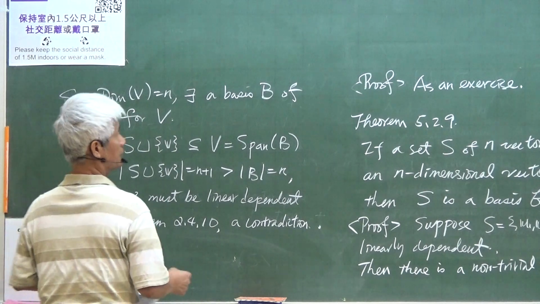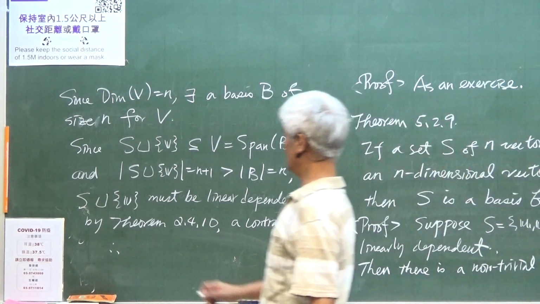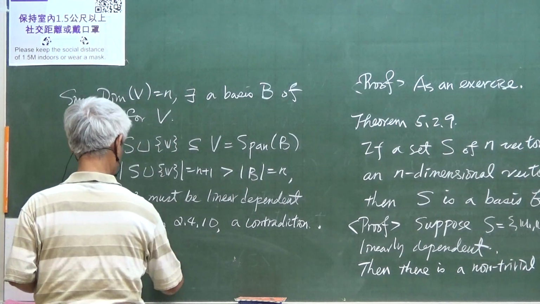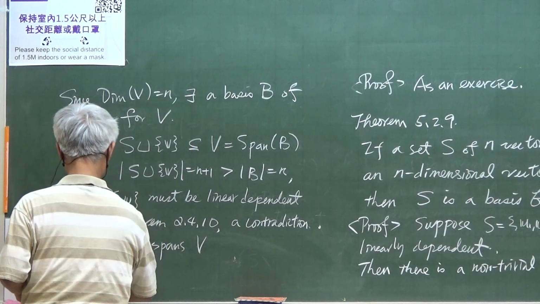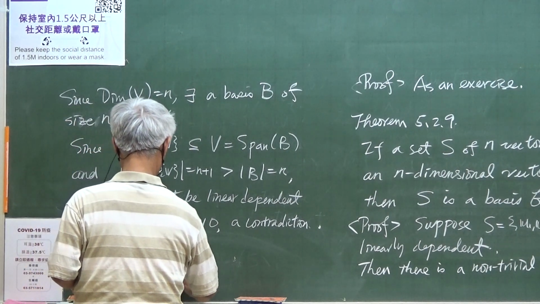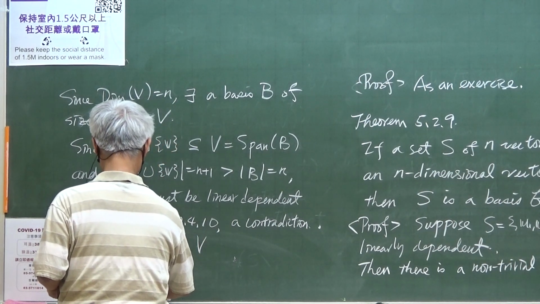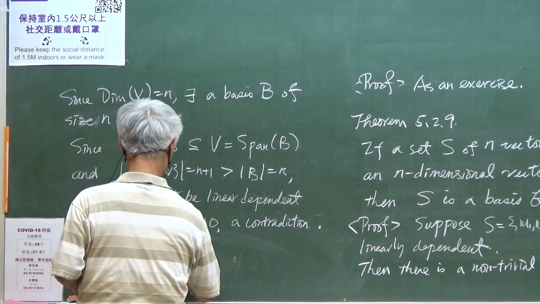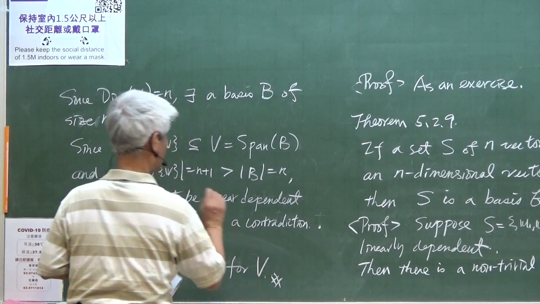And we get the contradiction because we assumed S does not span V. So the only way is that S spans V, and then it's a basis for V. Okay?